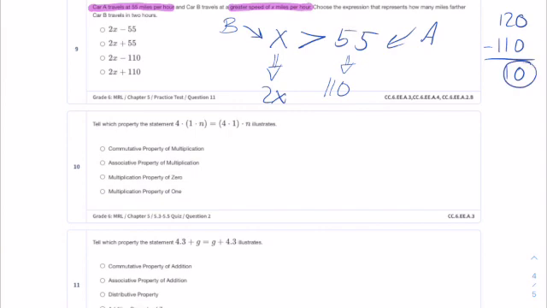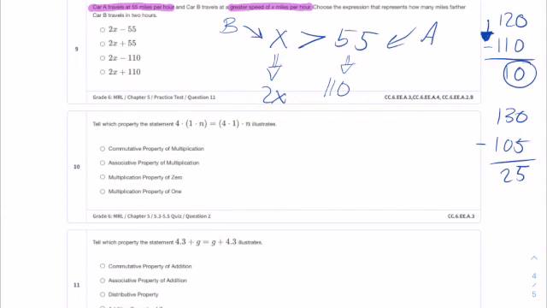Car B would have gone 10 more miles. So the operation we're looking for here is subtraction, to see how much farther it goes. Like if I have $130 and you have $105, then you want to see how much more, so you would subtract. I have $25 more than you do. Hooray for me.